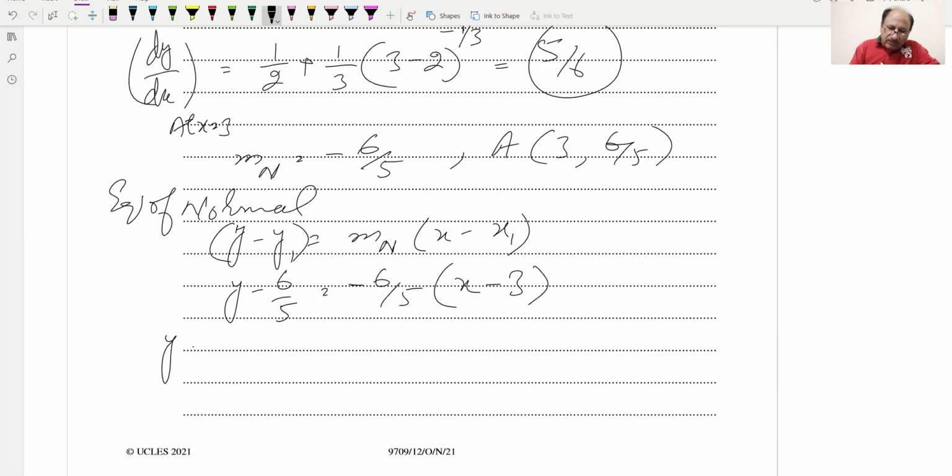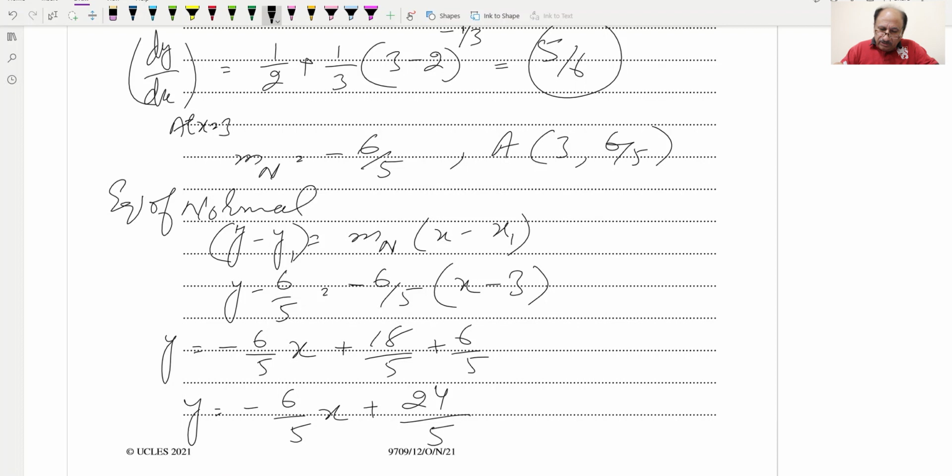So y is equal to, opening this bracket, minus 6 by 5 x plus 18 by 5 plus 6 by 5, and y is equal to minus 6 by 5 x, 18 plus 6 will be 24, divided by 5, and this will be our equation which we have written. Now we need the x-intercept.